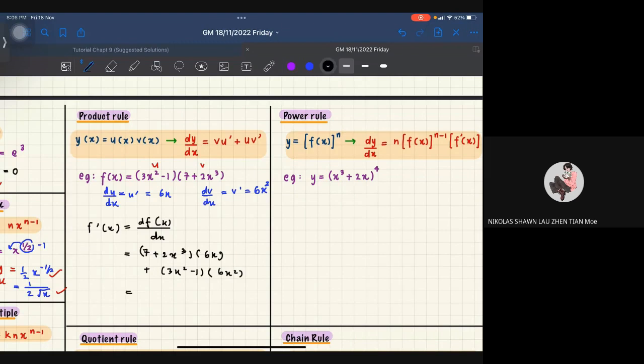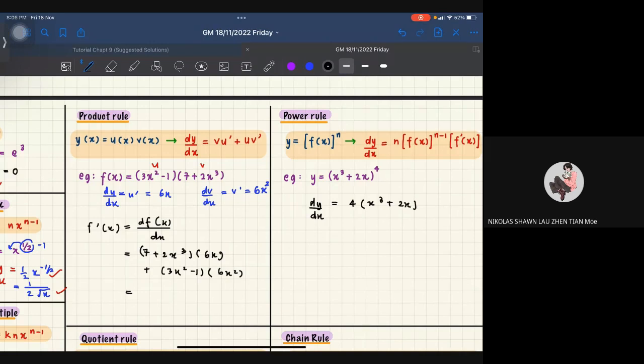So, okay, so saya tulis dulu. Kita ada dy dx. Right, and then power ni sekarang. So we know that we have power, so you need to bring it to the front. Okay, so saya akan ada 4. Okay, and then kita salin sahaja whatever that is in the bracket. So saya ada x cube plus 2x.